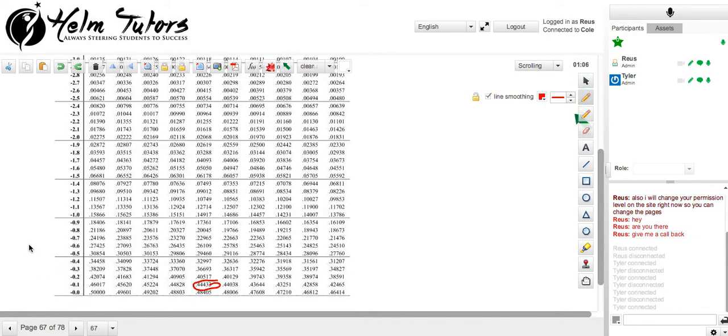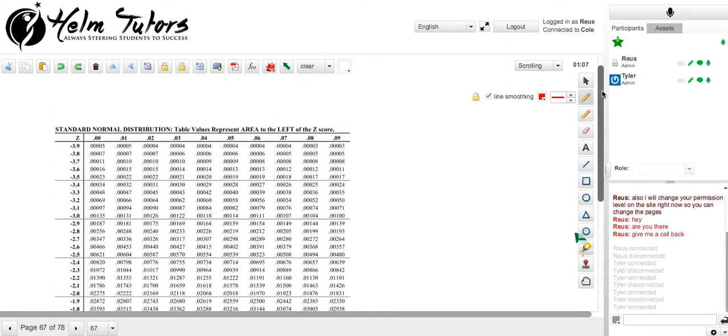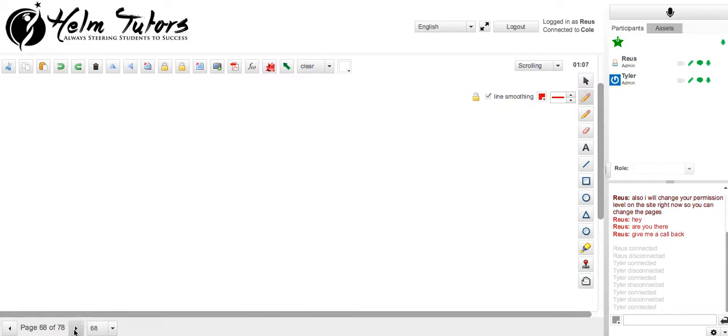I can help. It's somewhere over here. Exactly, right there. And what z value does it correspond to? Oh, the one you picked is better. Yes. What z value does it correspond to? Negative 0.41. Exactly.